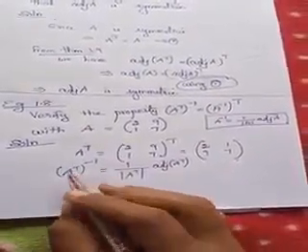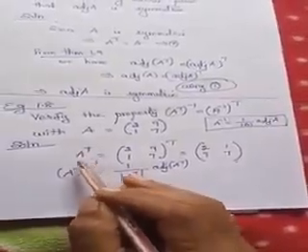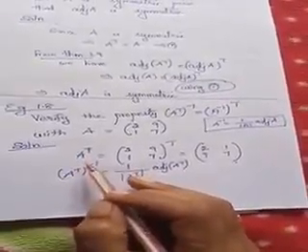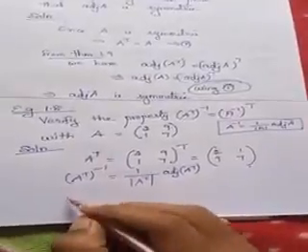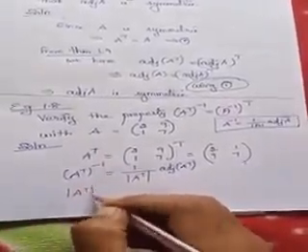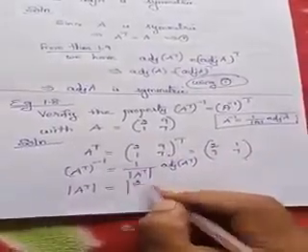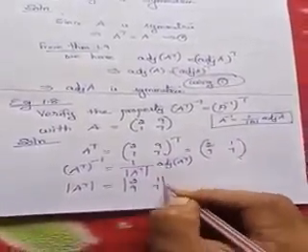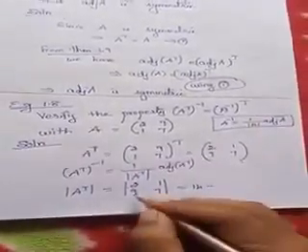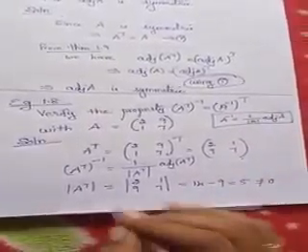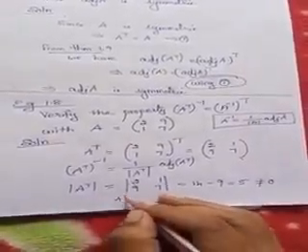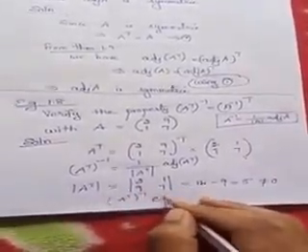First we need to find out whether this inverse exists or not. Shall we check it? For that we have to find the determinant of A transpose, which is 2, 1, 9, 7. 2 into 7, 14, minus 9 into 1 is 9. 14 minus 9 is 5. We are very sure this is not equal to 0. Therefore, the inverse of A transpose exists.